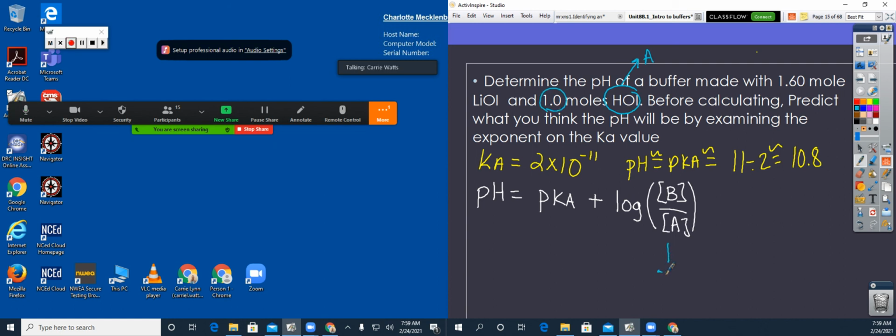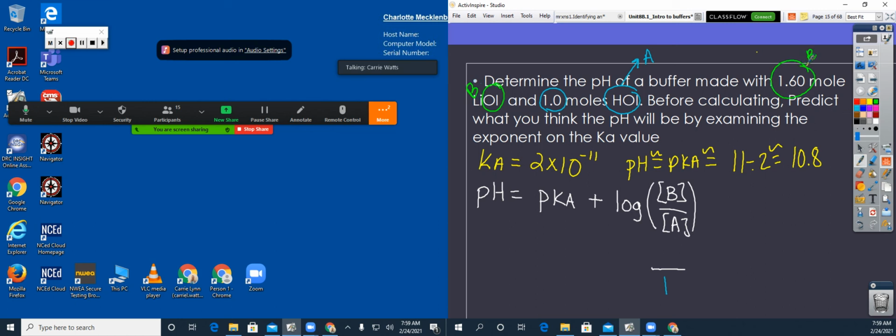That's our A, which is our 1 mole. Oh, let me write it on the bottom. And then our B is going to be our OI negative, which is 1.6 moles.